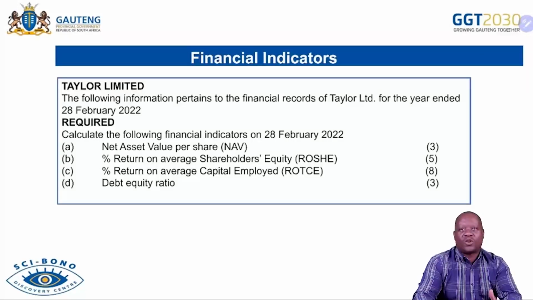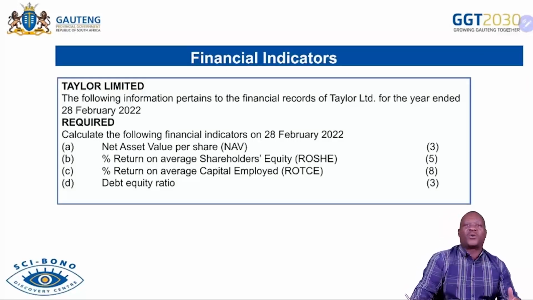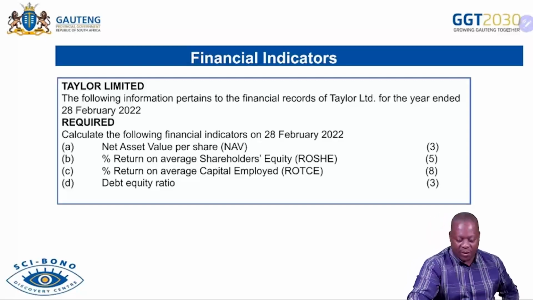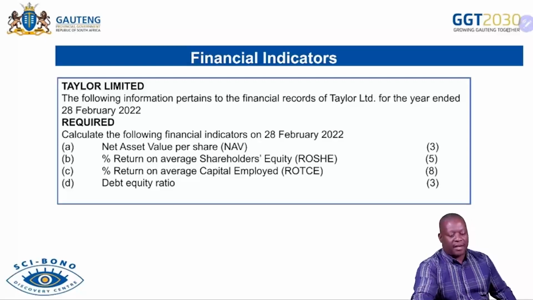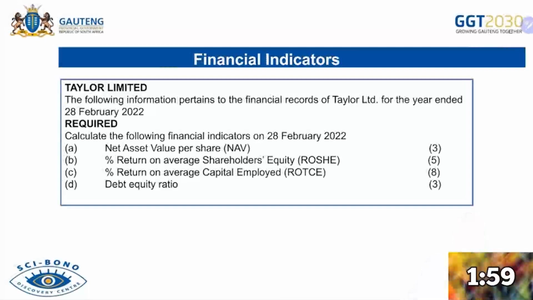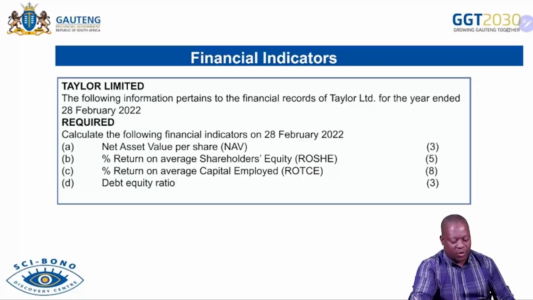Now let's keep on with our financial indicators. I do have calculations for the other 4 coming financial indicators. Let's go through them and then we see how much we are going to benefit from this. Now this is saying Taylor Limited. The following information pertains to the financial records of Taylor Limited for the year ended 28 February 2022.